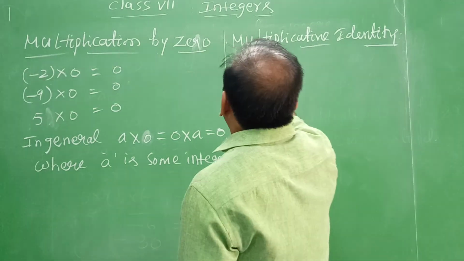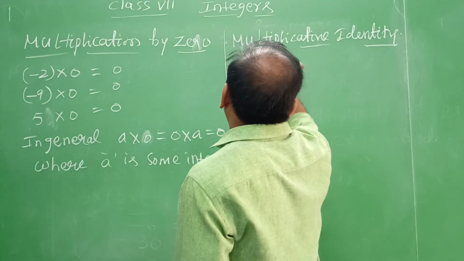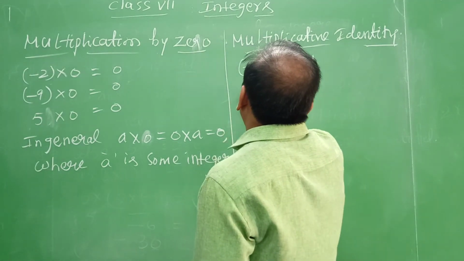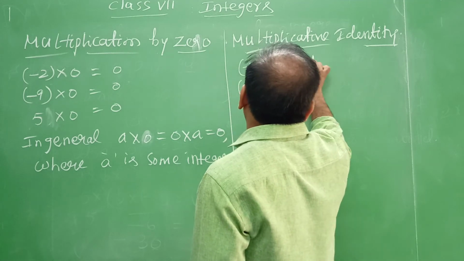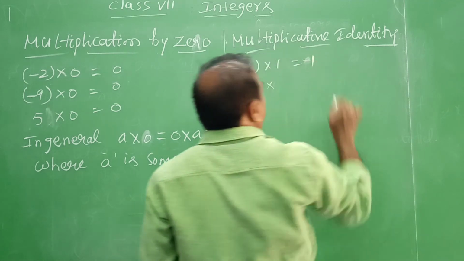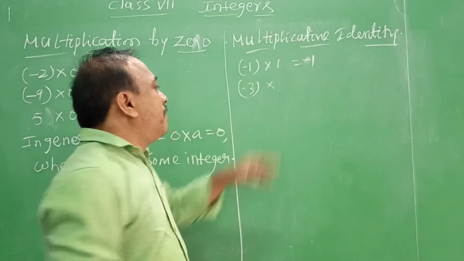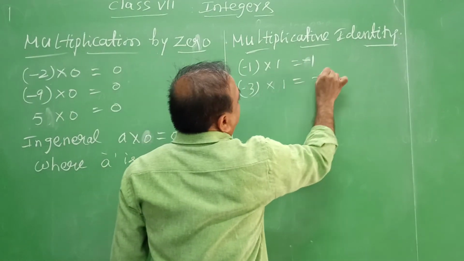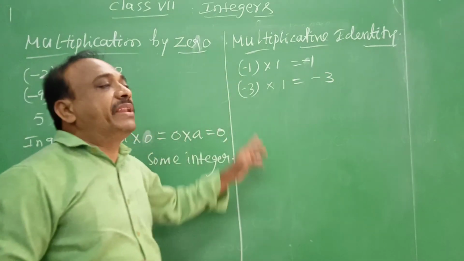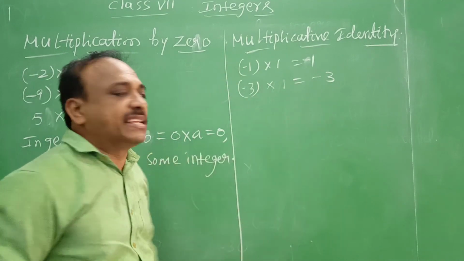Minus 1 into 1 is equal to minus 1. Minus 3 into 1 is equal to minus 3. As we know, the product of a negative and a positive integer is always negative.